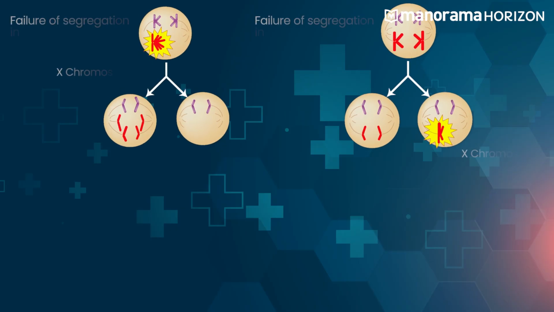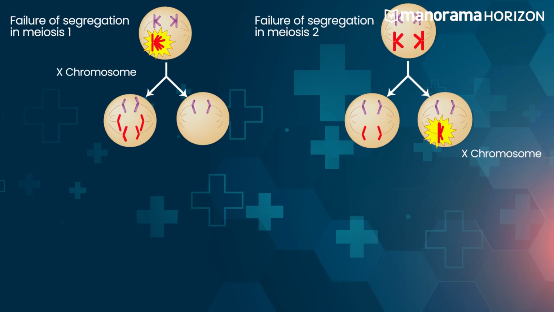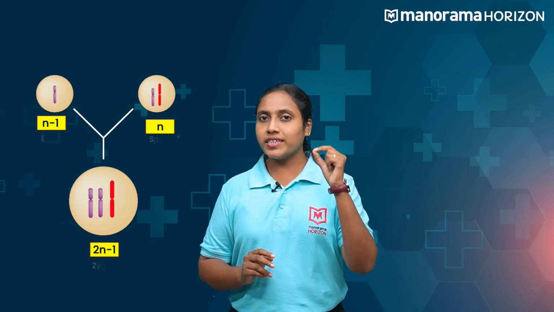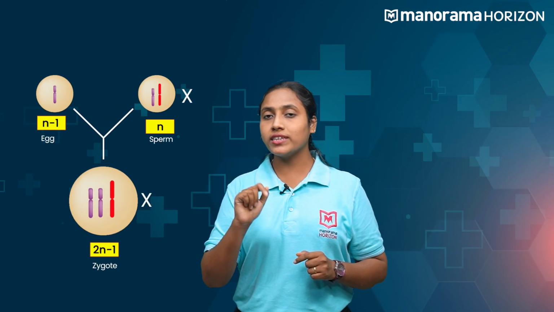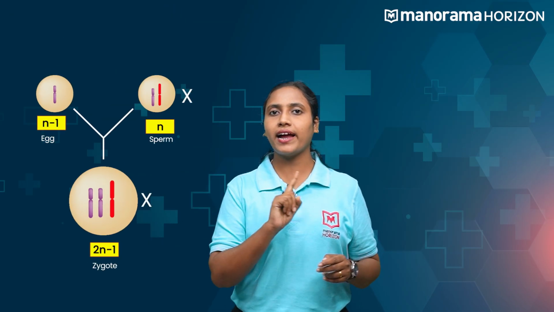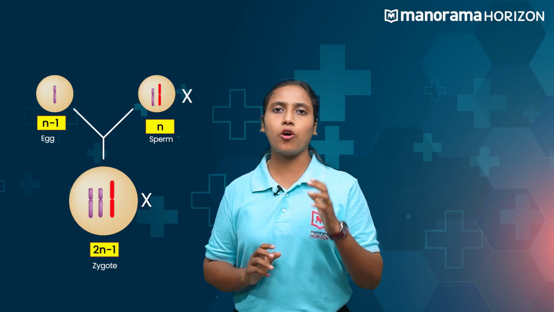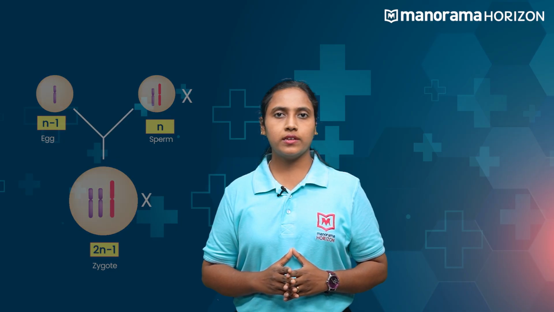Is there any chromosomal disorder caused by the lack of one sex chromosome? Yes, let's discuss. Recall again that failure of segregation of X chromosome during egg formation produces some egg cells that do not have X chromosome at all. Fertilization of an egg with no X chromosome by a sperm carrying 1 X chromosome produces a female with a single copy of X chromosome.